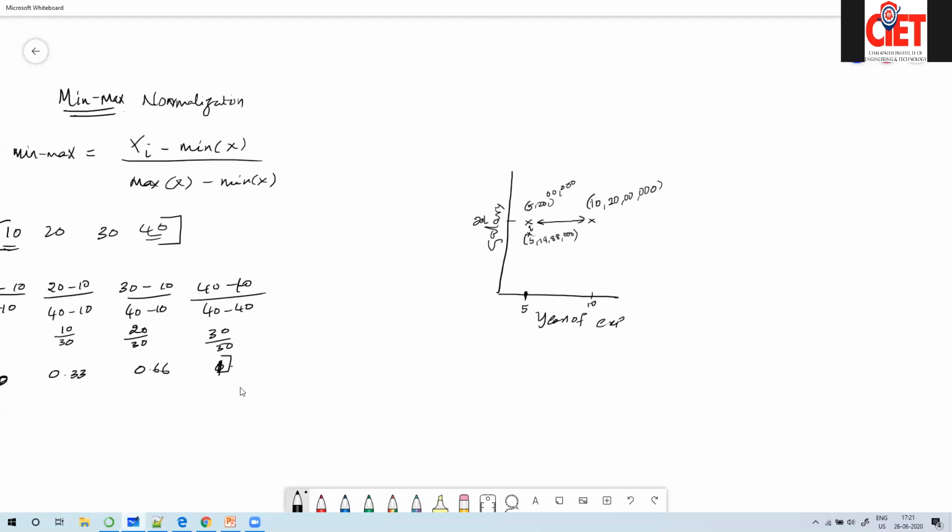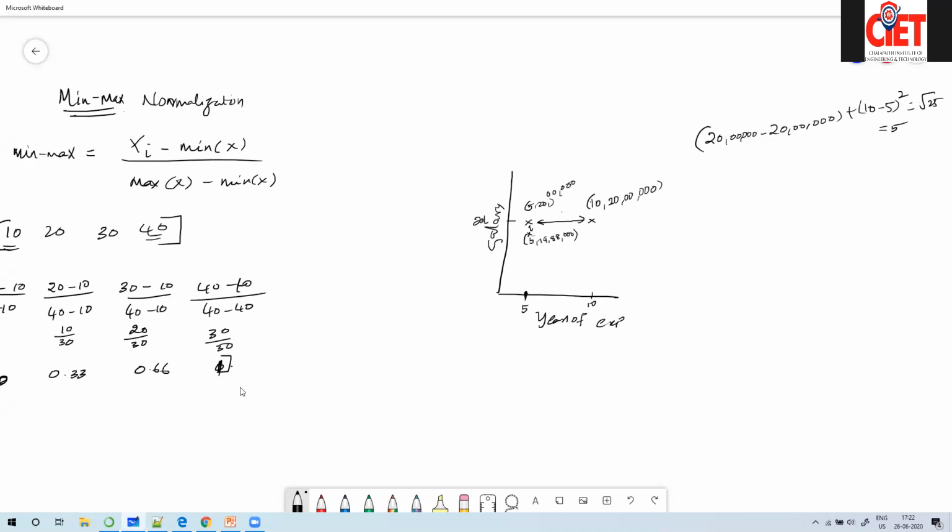Now for this observation, this is 20 lakhs minus 20 lakhs, which is 0, plus what is the difference between years of experience? 10 minus 5 whole square, which is going to be root over 25, 5.